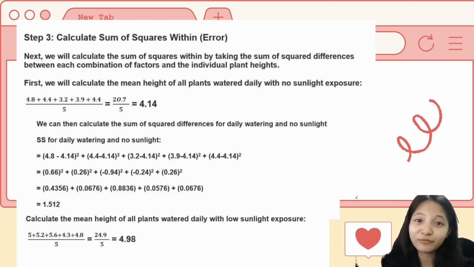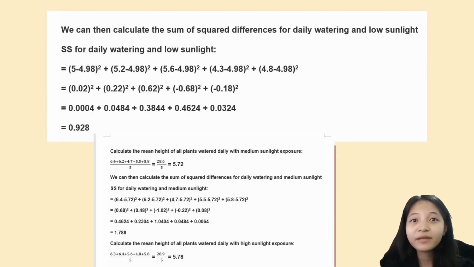So, given the mean, which is 4.98, we can then calculate the sum of square differences for factor A or plants that are daily with low sunlight exposure. So, together, subtract the value of factor A from the mean. Then square the results, then add all the results.